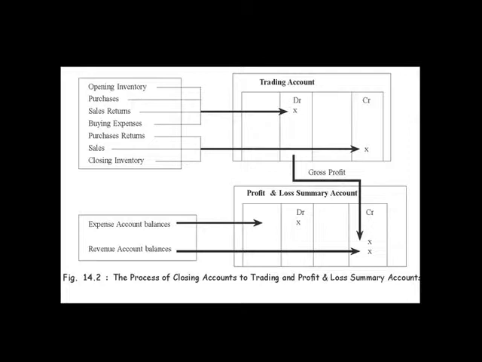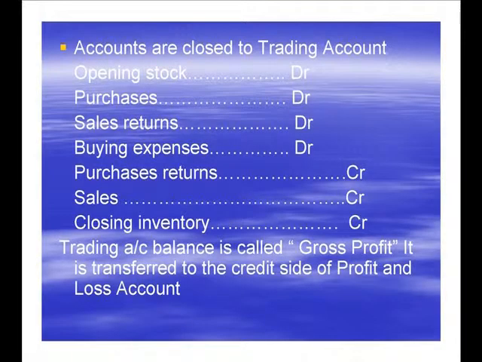It is given in your note, right? In a diagrammatic form, right? Whatever the method given, the same thing is recorded in your note, right? And trading account balance, because we have debit entries and credit entries, then there must be a balance. The balance is called gross profit.